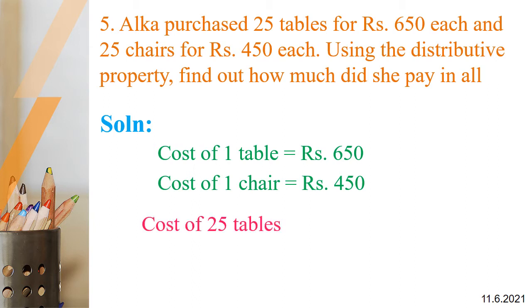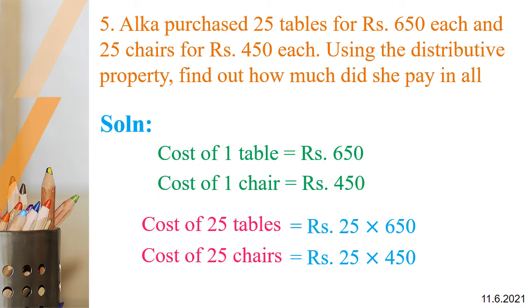Here the cost of 25 tables equals rupees 25 × 650. Next, the cost of 25 chairs equals rupees 25 × 450, because the cost of one chair is 450.